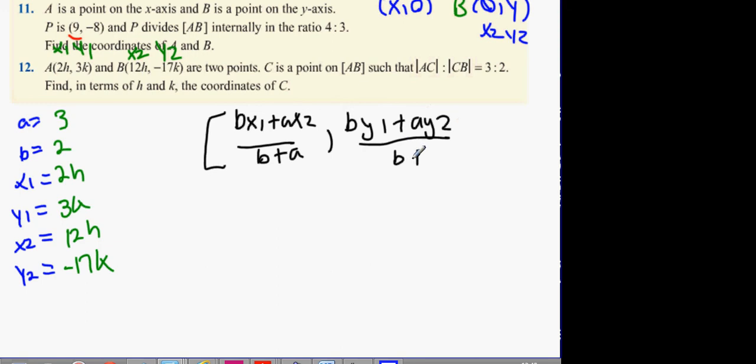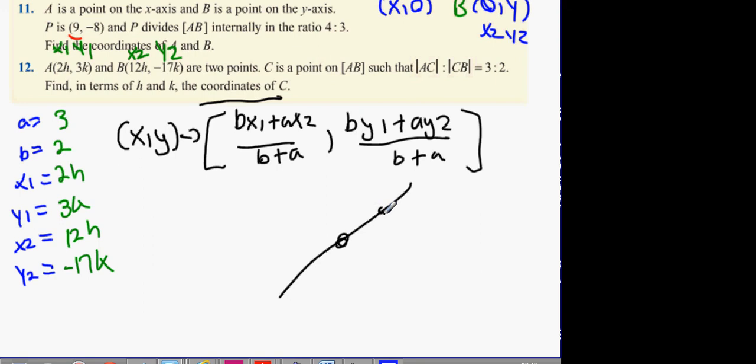Alright guys, once again, this time we don't know what C is, so we're looking to find out what the X and Y coordinates are. What is the point that is somewhere in between the two points that makes this work? So we're just going to fill in the formula.